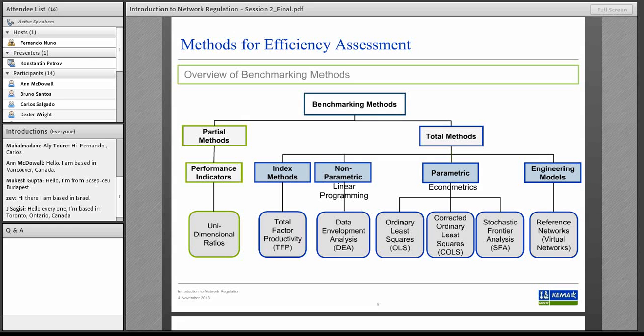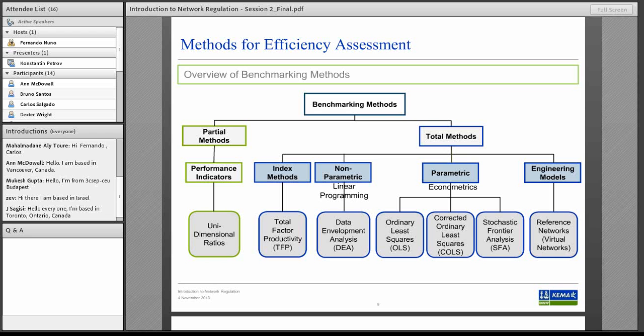The last group, number four, is engineering models. As already said, it is possible to use a comparison that doesn't compare a company with a company, but a company with a virtual network, a virtual company.